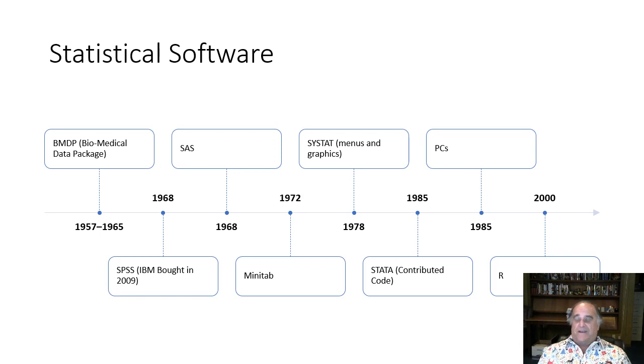I have to admit, I understand SPSS a lot better, so I tend to use SPSS. I do know SAS, but SAS is probably even more expensive than SPSS. As I said, I did once use Systat, and I also have Stata and sometimes use Stata. But that's basically the history of the introduction of statistical software.